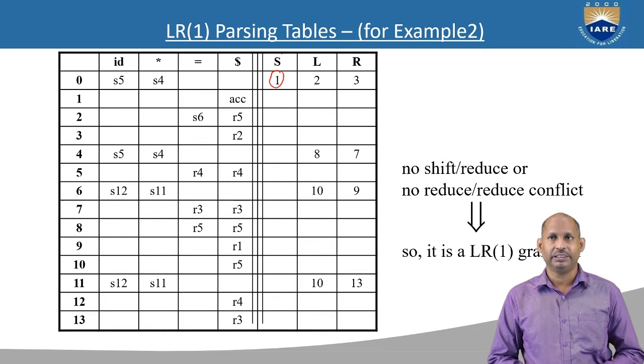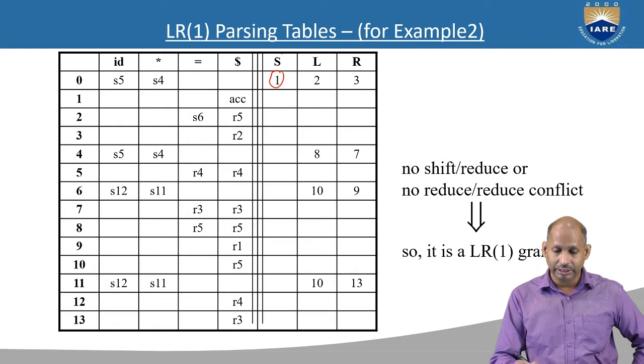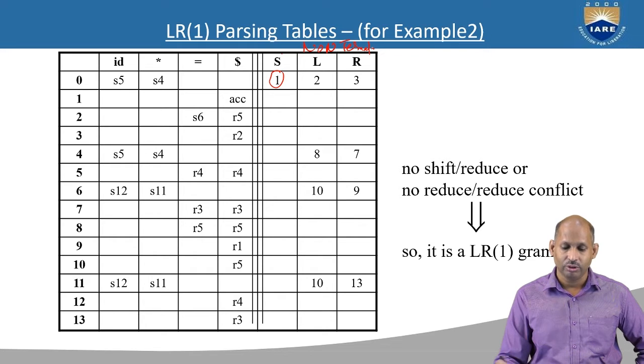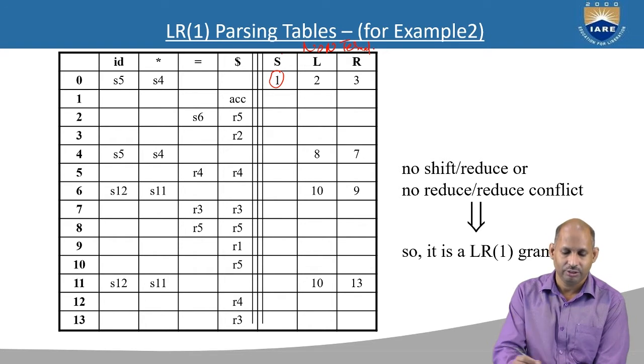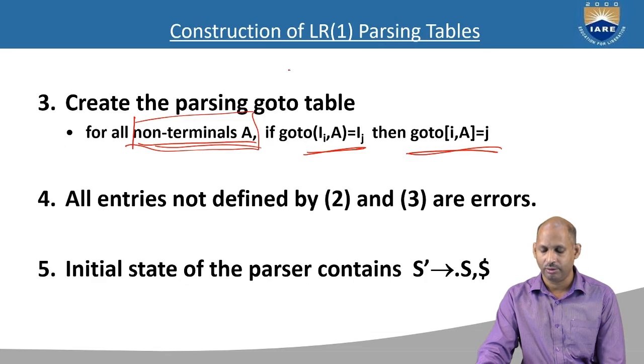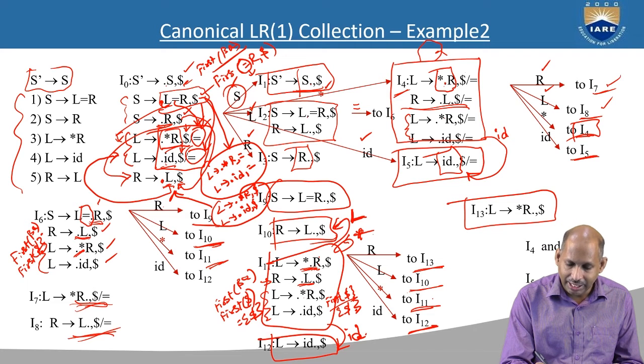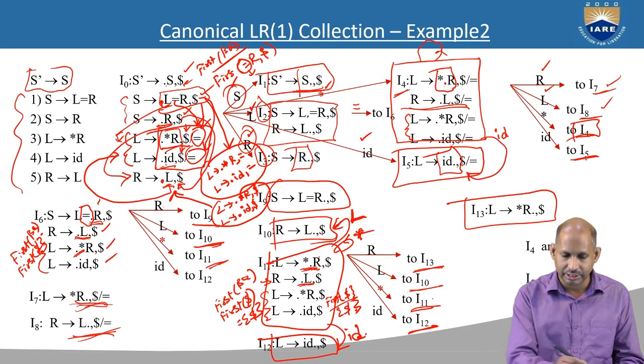The goto operation is on a non-terminal, so in the non-terminals category, under S we write 1. Here on L it goes to I2, on R it goes to I3. Is it clear?